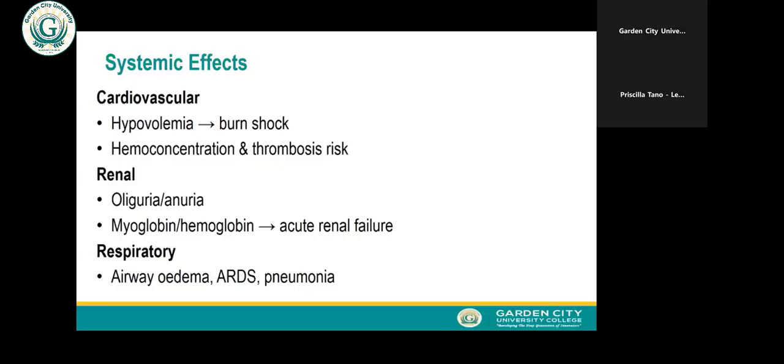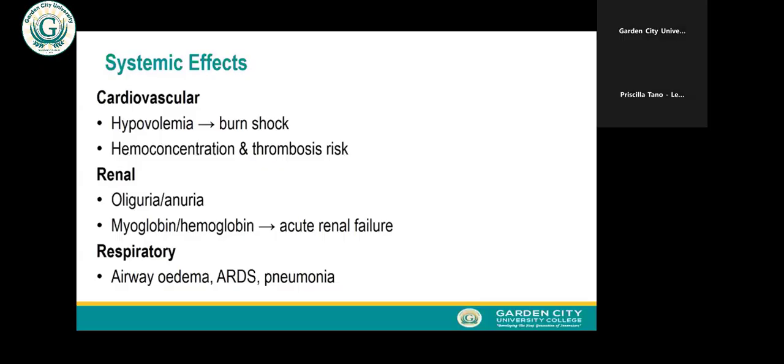We said that there will be low cardiac output, there will be fluid loss, so they will lead to shock and all that. So when plasma leaks out of the burn area, there's of course major fluid loss, and so it causes low blood volume. That will lead to hypovolemia, and then it will lead to burn shock, right?